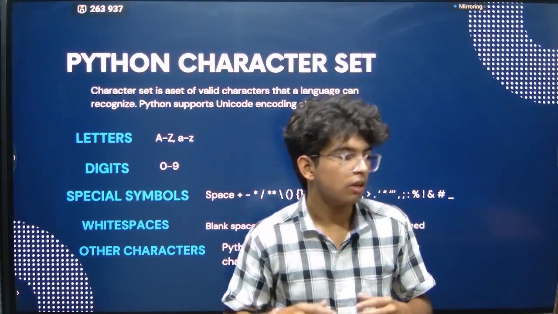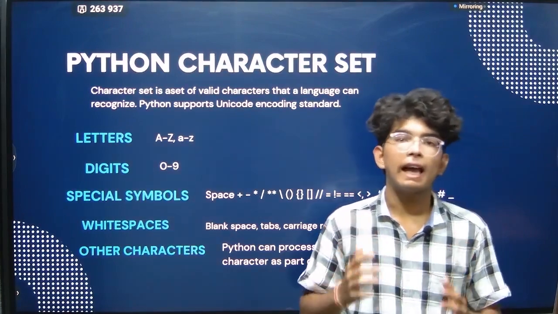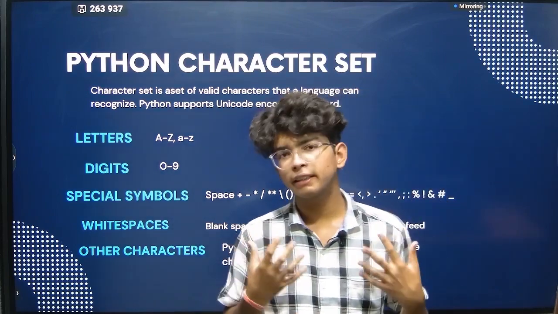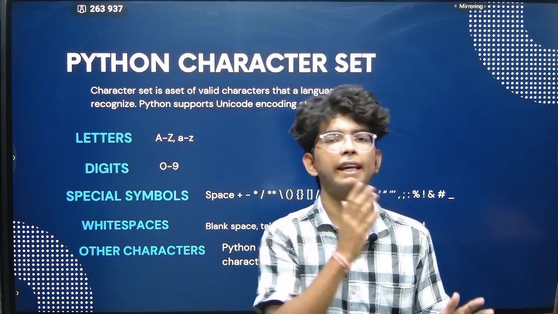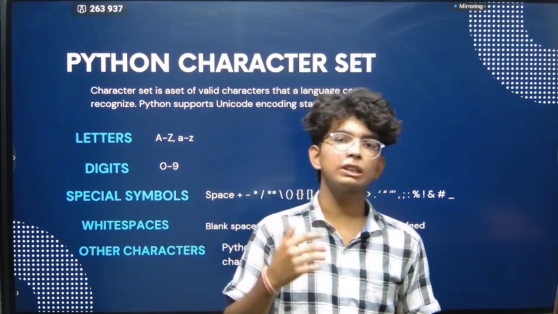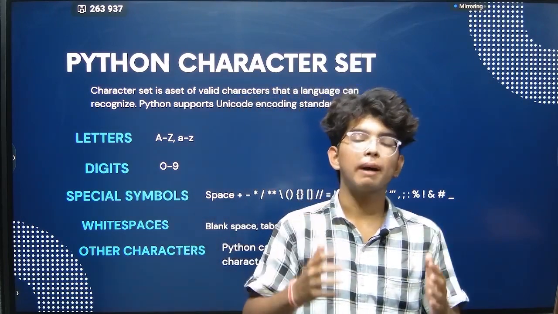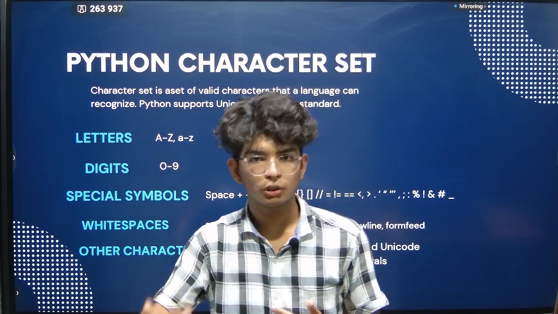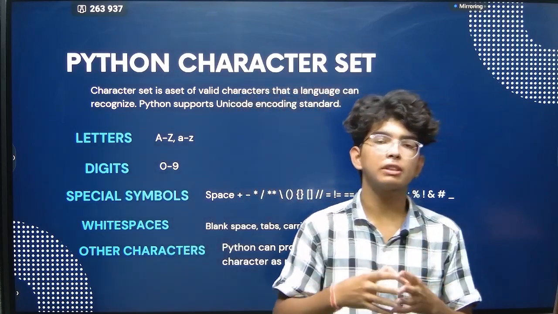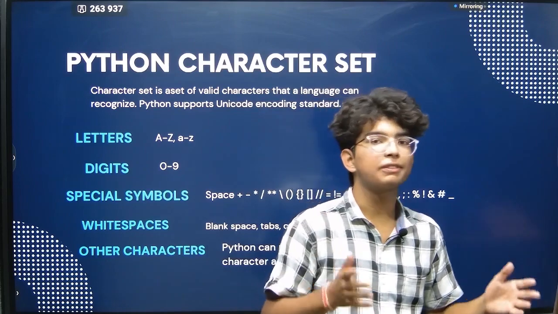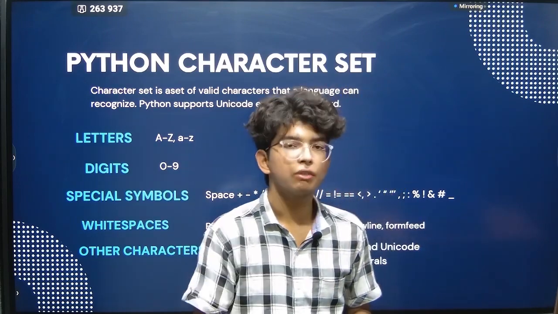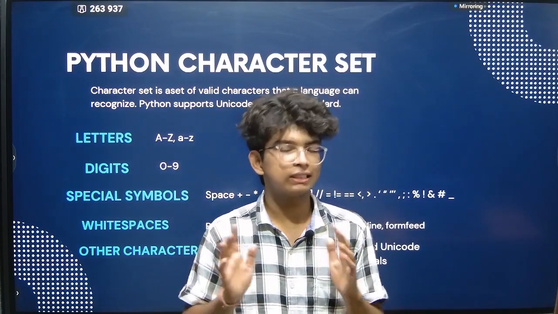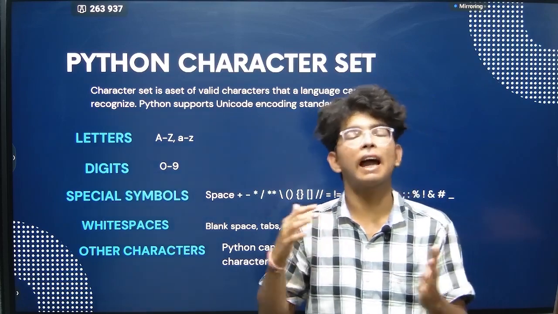Python character set. Well, a character set is a set of valid characters that a language can understand. For example, in the English language we have alphabets from A to Z, and by using these alphabets we make sentences and communicate with a human. Just like that, to communicate with a computer we need specific character sets, and we have character sets made for computers. In Python and other languages these character sets are mostly the same, just their IDs are different.